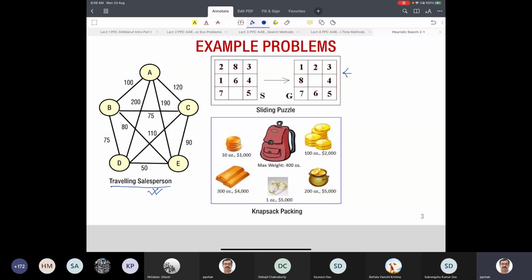The other problem is where there is a bag and coins and some gold bars, platinum rings, etc. This is a very famous problem known as the knapsack problem. Can anybody tell me what the knapsack problem is?